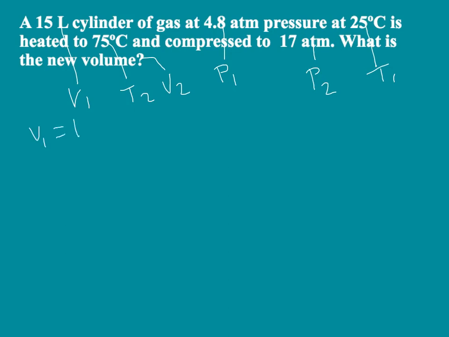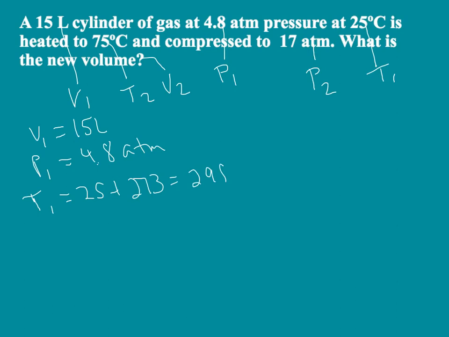So V1 is 15 liters. We have P1, which is 4.8 atm. We have temperature 1, which was 25 degrees. Once again, we're going to add 273 to it because temperature must always be in Kelvin. We have volume 2, which is our question mark.